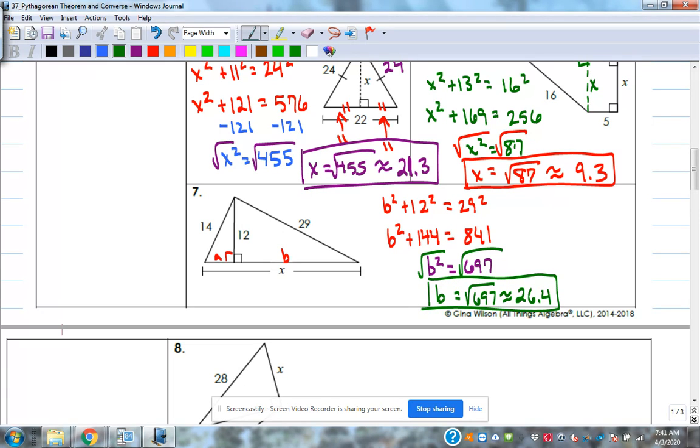Let's find the other piece using this right triangle here. So we have A squared plus 12 squared equals 14 squared. A squared plus 144 equals 14 squared, which is 196. Subtract, 52, and then take the square root of each side.